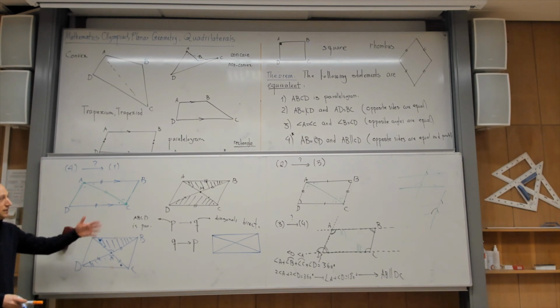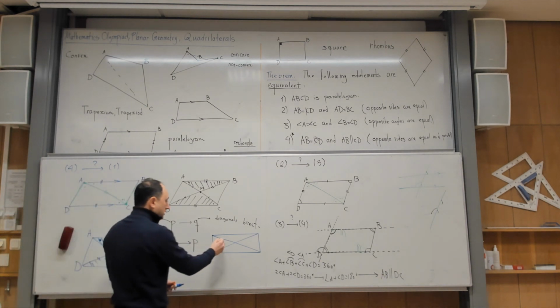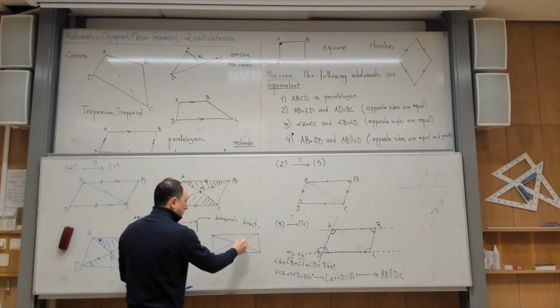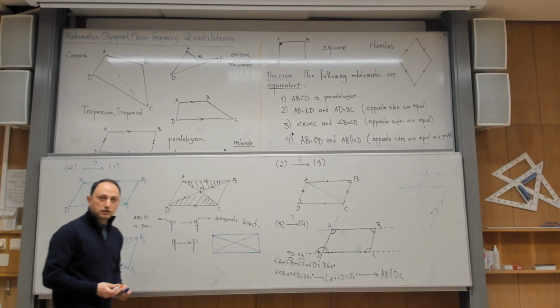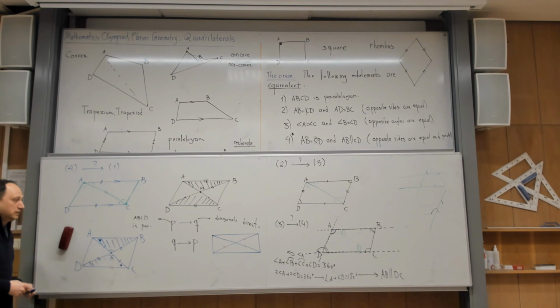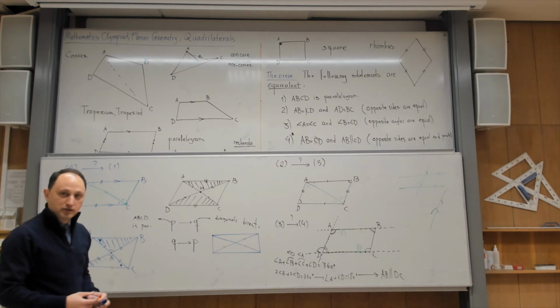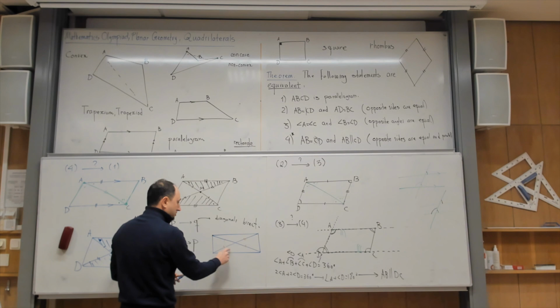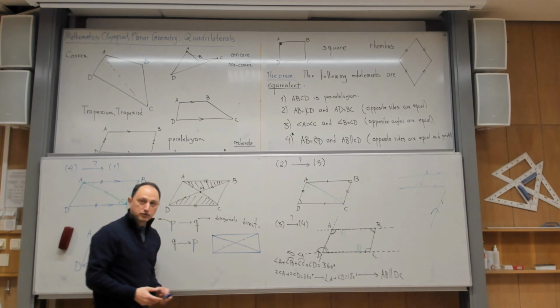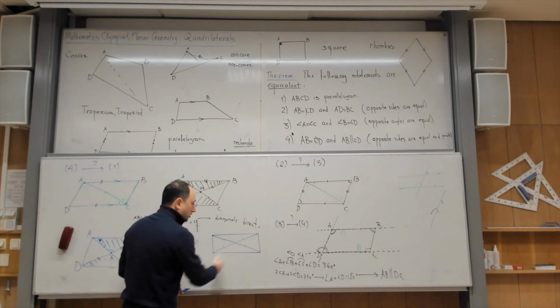Every property that you had: they bisect each other. We know that this one is equal to this one, because it's a parallelogram, and we showed that. But can I say something more in the case of a rectangle in particular? They are all equal in this case, so I don't need to put double dashes. All these parts are equal, because the diagonals are also equal.